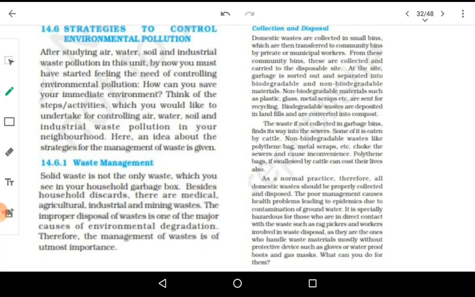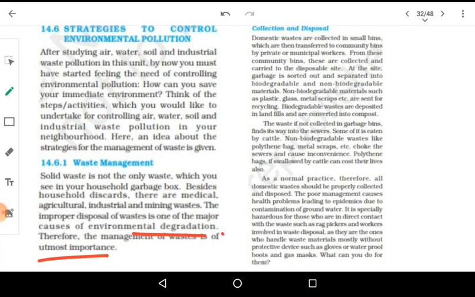Solid waste is not only the waste which you see in your household garbage box. Besides household discards, there are medical, agricultural, industrial and mining wastes also. The improper disposal of waste is one of the major causes of environmental degradation, and the management of this waste is of utmost importance. Now, collection and disposal.